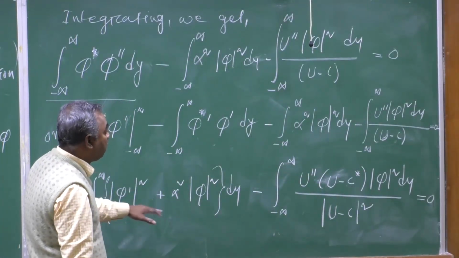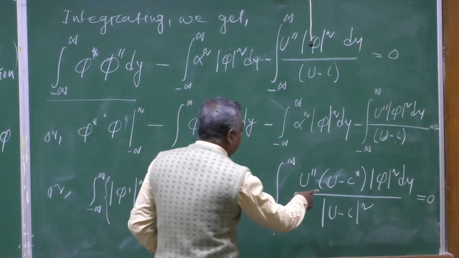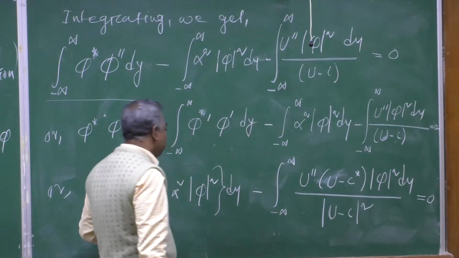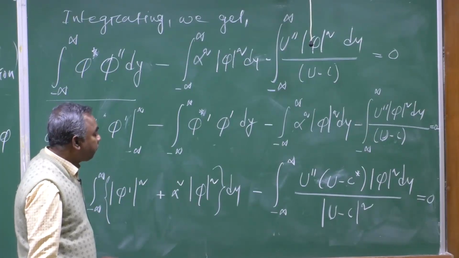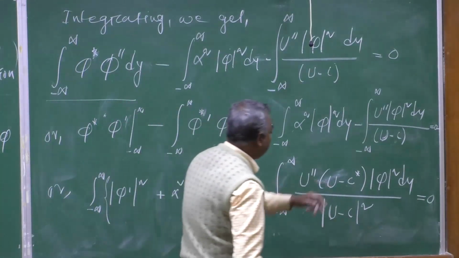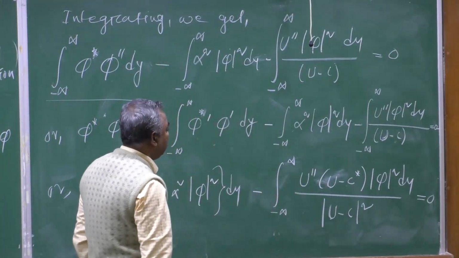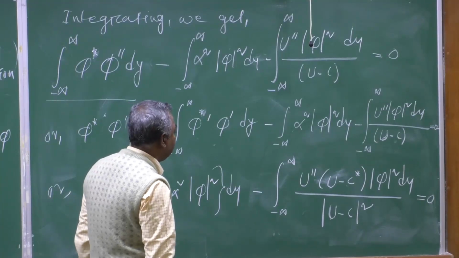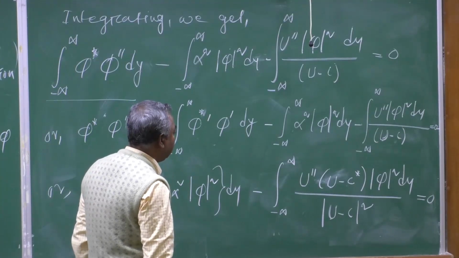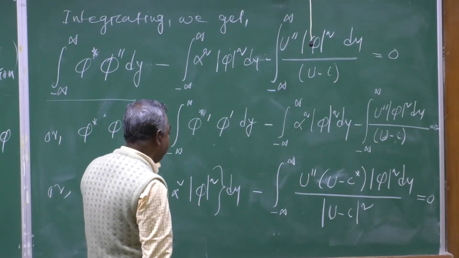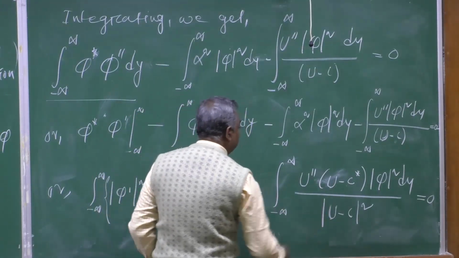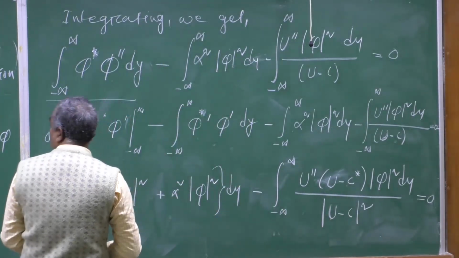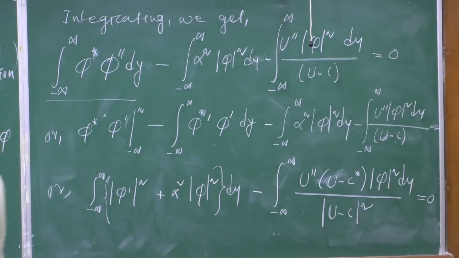From the complex part, we will get c I times u double prime.